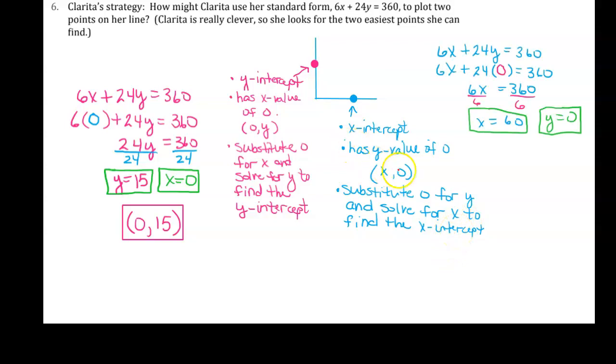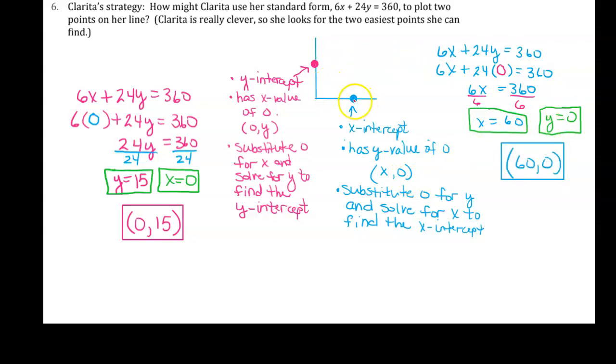We're doing the same thing that we did over here, except now we're substituting 0 for y instead of x. When we do that and simplify and use our properties of equality, we get the solution x equals 0. We know that our y is already 0, and with that, we can create our second ordered pair.